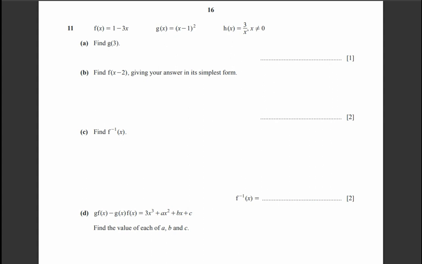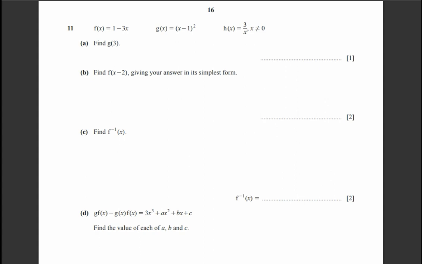Next question, he's telling me that f of x equals this, and g of x, and h of x equals 3 over x, where x cannot be equal to 0. So find g of 3. What is the meaning of g of 3? g of 3 means please remove each x and put instead of it 3, but inside the function of g.